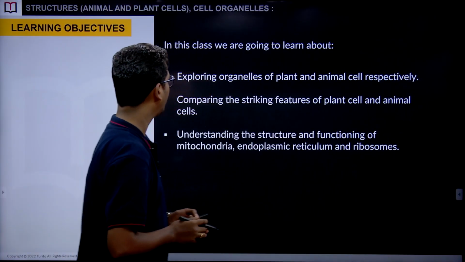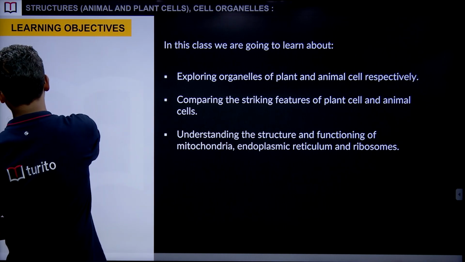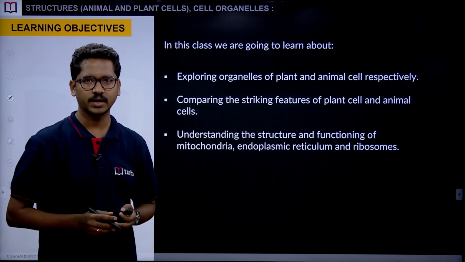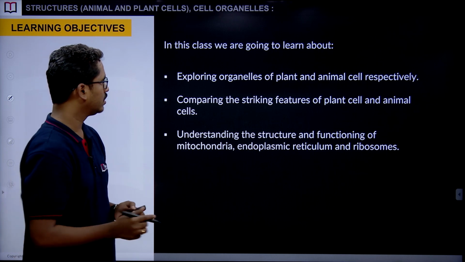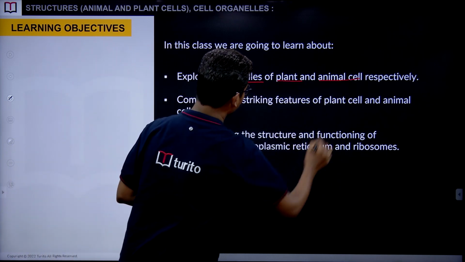Firstly, we will try to look at what we are going to learn now. I am going to show you the learning objectives for this particular session. We will be exploring all the organelles of the plant cell and an animal cell.